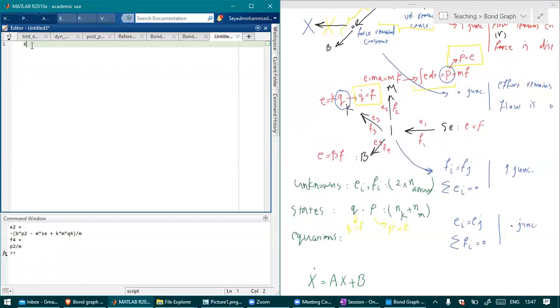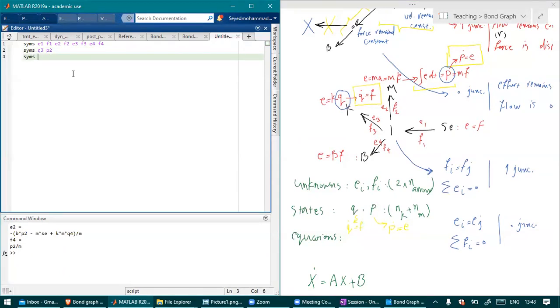Okay, I just defined the symbols that I'm going to work with. It's going to be E1, F1, E2, F2, E3, F3, E4, F4. These are the unknowns. Then I have to talk about Q3 and P2. These are the states.